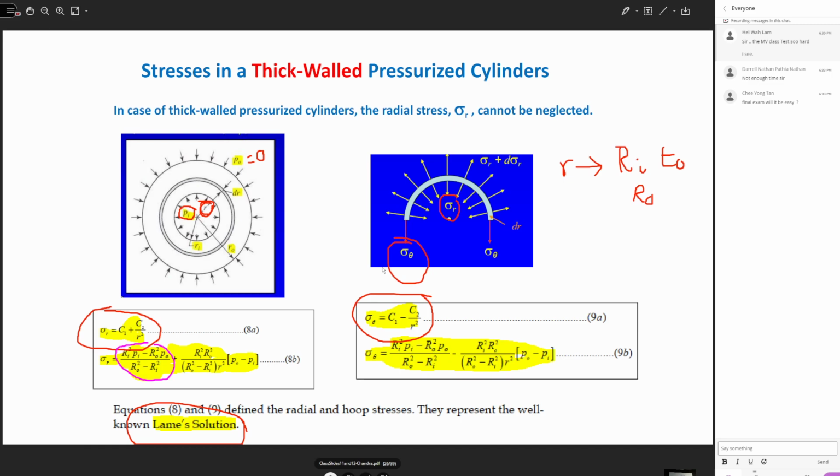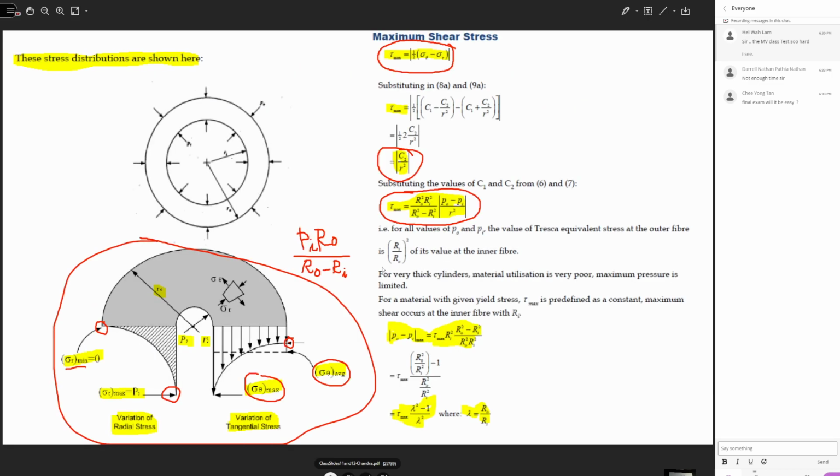You can include everything except R in C2. So it's easy to see what is meant by C1 and what is meant by C2. Once you substitute the values, the maximum shear stress can be written like this. So this is the maximum shear stress.